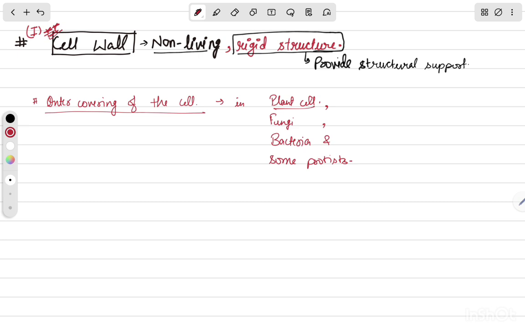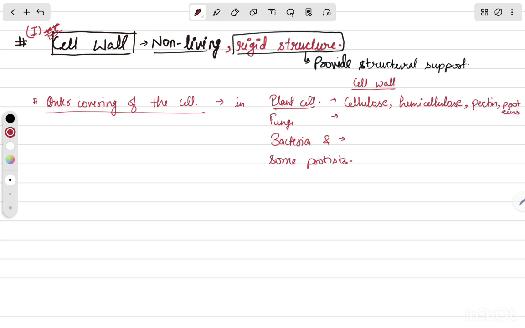Now, if we compare the components of all these cells, suppose we are talking about plant cell, then cell wall is made up of cellulose, hemicellulose, pectin, and some proteins, right?